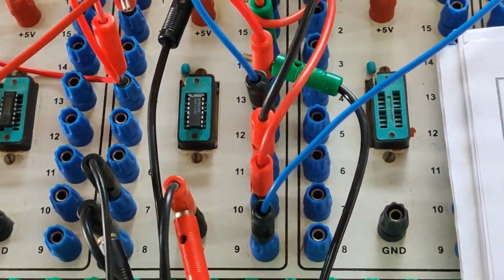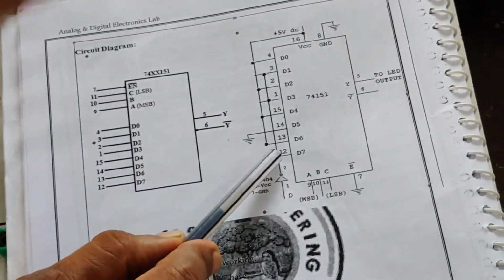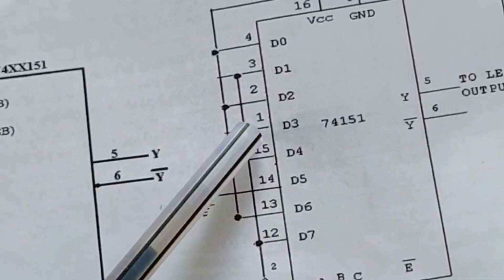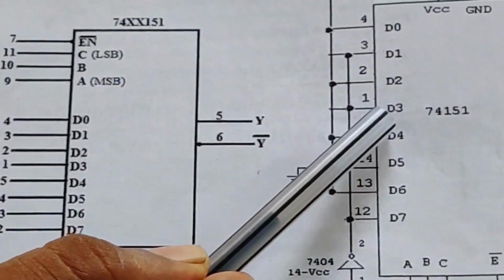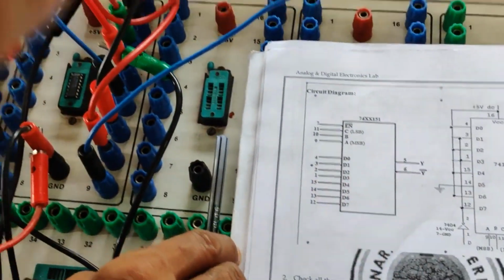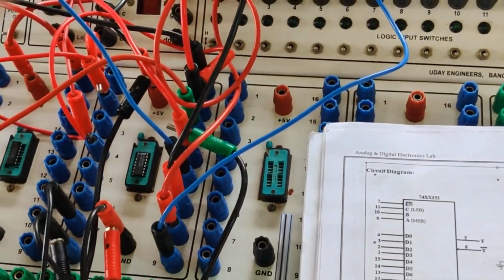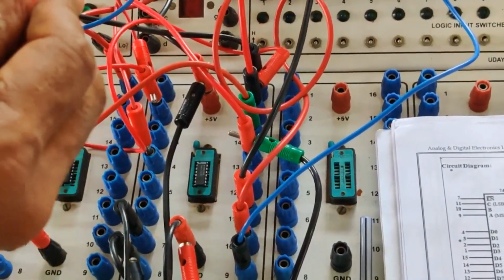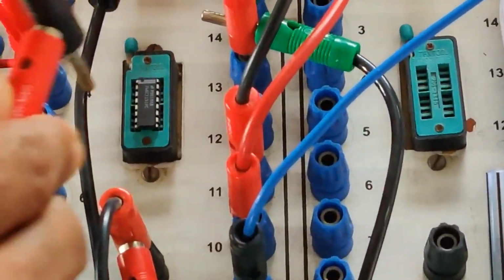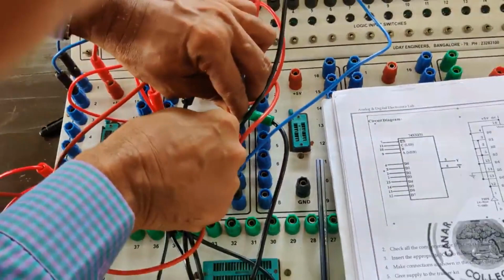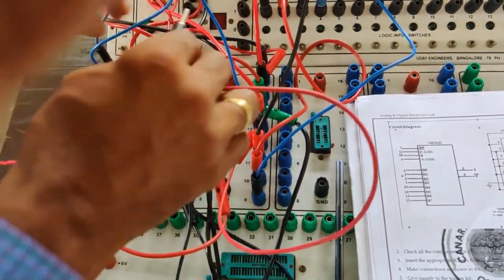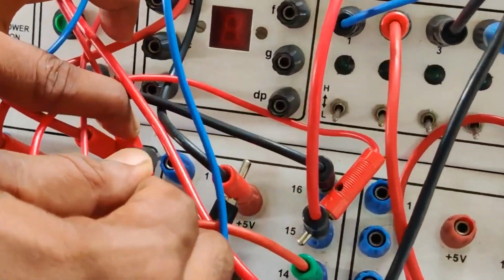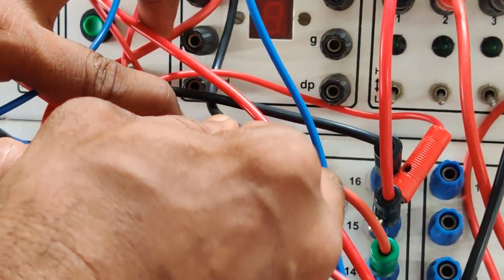Pin number 12. And from here only, one more point goes to pin number 1, that is D3. So I will take one tapping from pin number 12 like this, and this goes to pin number 1. So you can see here 74151 pin number 1 is here. I will connect it here.